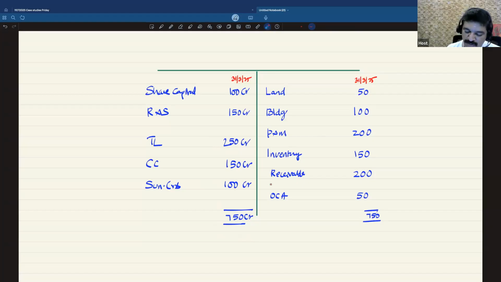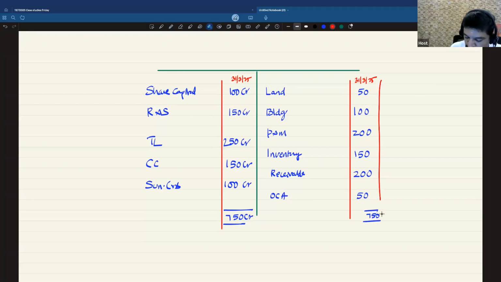And they have used these funds for acquiring land of 50 crore, investing in building 100 crore, plant and machinery 200 crore, and investing in current assets of 750 crore. So this is going to communicate only the position as at what? 31st March. You may not be able to make out anything significant by looking at this.